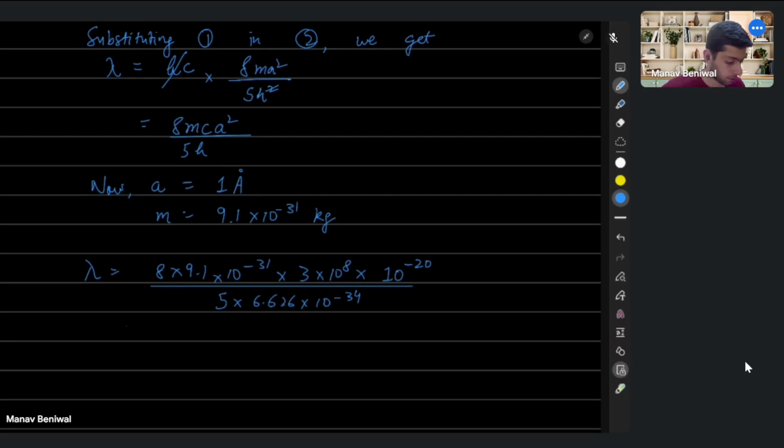Okay, so this becomes 8 into 9.1 into 3 over 5 multiplied by 6.626 into 10 to the power minus 9.